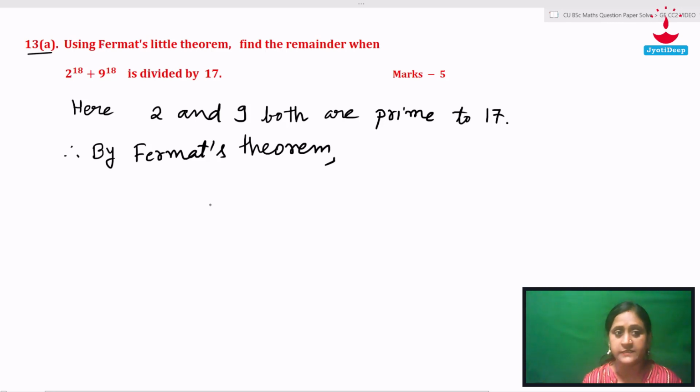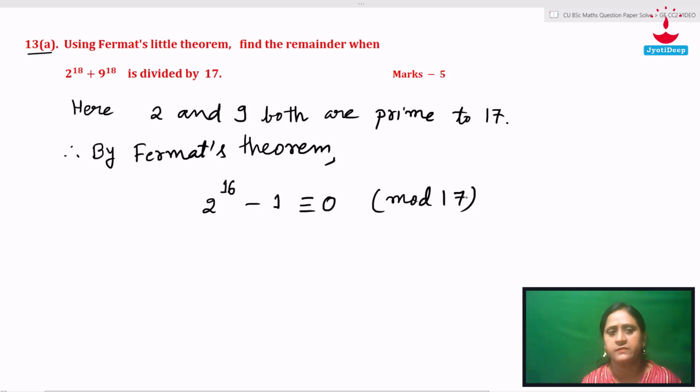we can write 2 to the power 16 minus 1 is congruent to 0 under mod 17. Okay. And also 9 to the power 16 minus 1 is congruent to 0 under mod 17.